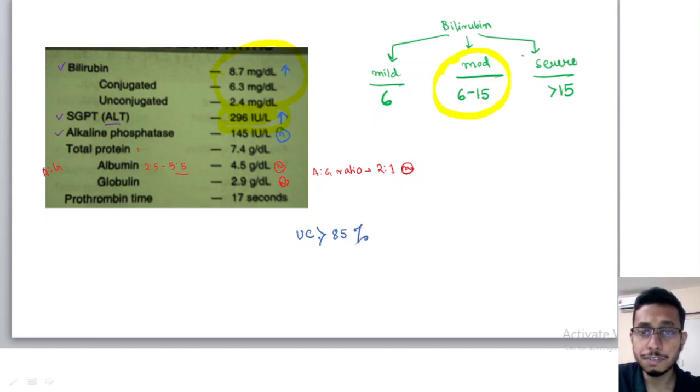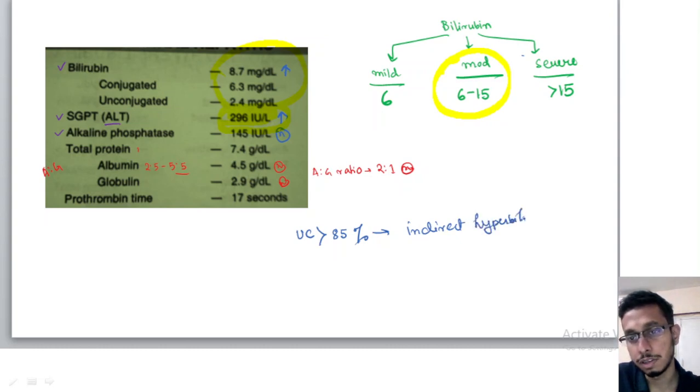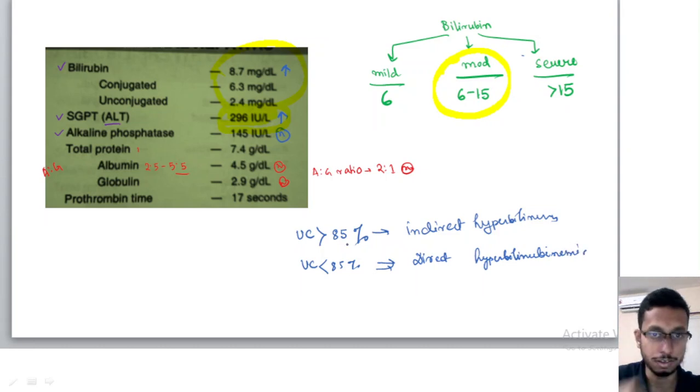When the unconjugated fraction is less than 85%, that is, the conjugated fraction is more than 15%, it is called direct or conjugated hyperbilirubinemia.